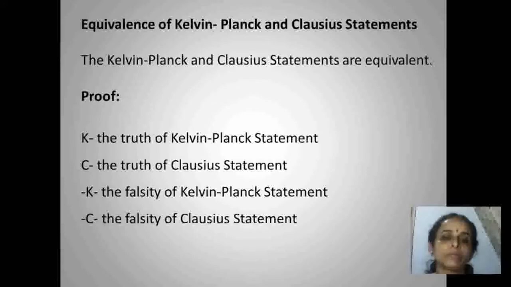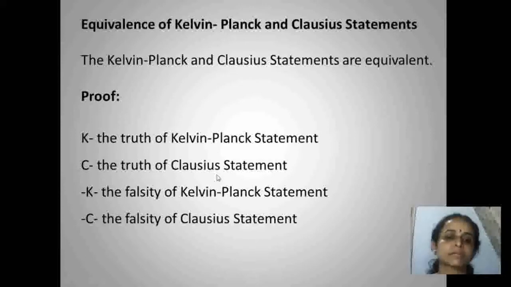So how can we prove that? For that we need some terms. One is capital K. This represents the truth of the Kelvin-Planck statement. So if the Kelvin-Planck statement is true, we can represent it by K. Then capital C represents the truth of the Clausius statement.